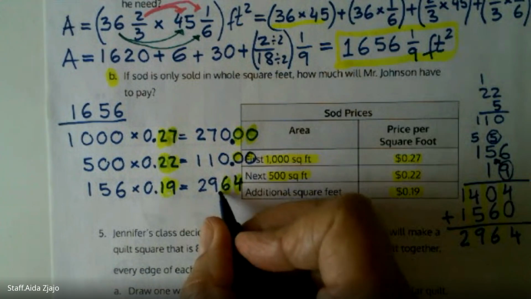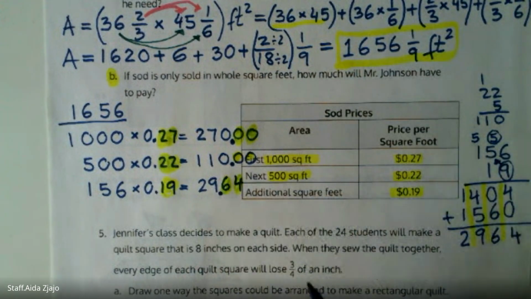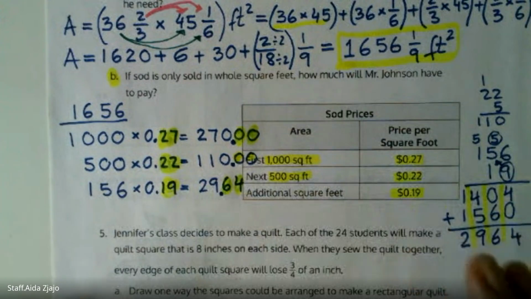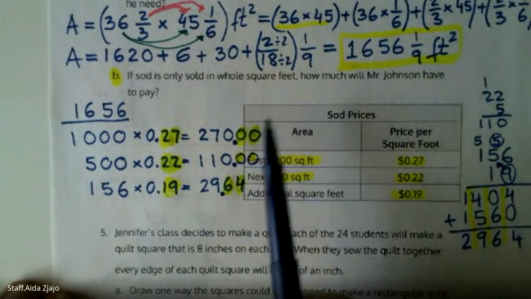So the last part will cost him $29.69. So altogether now we need to add, and that will be the price. How much will he pay?